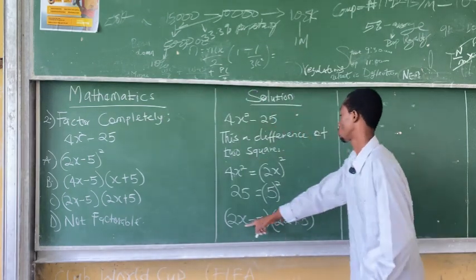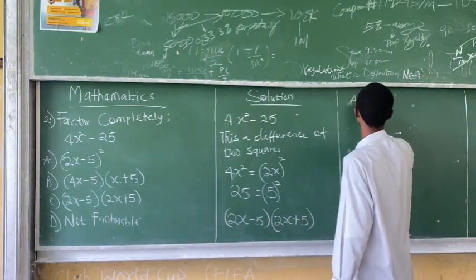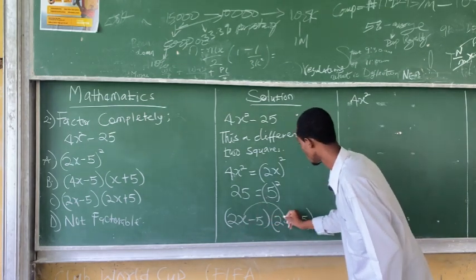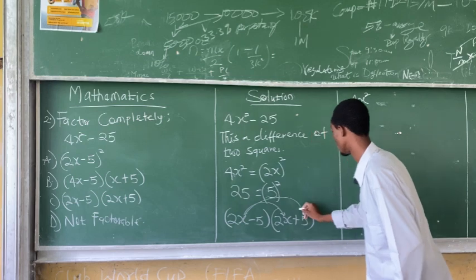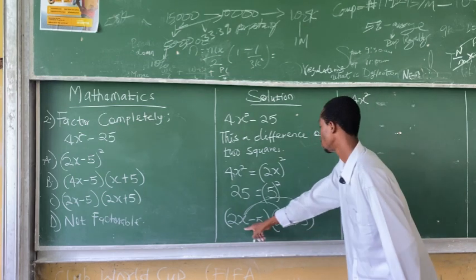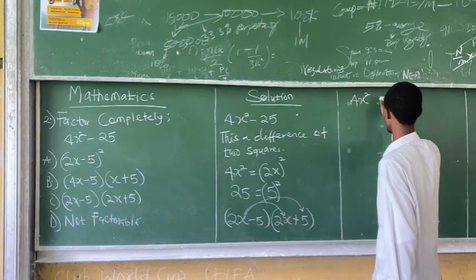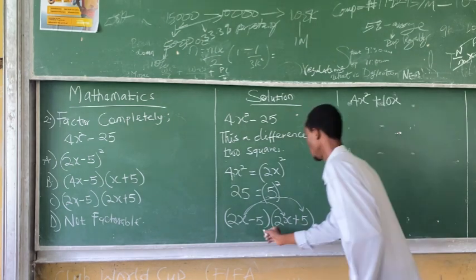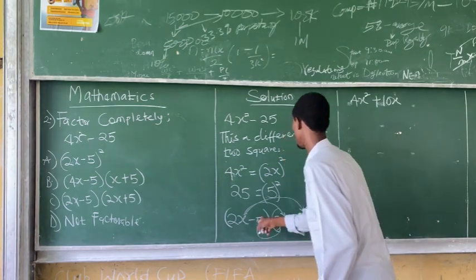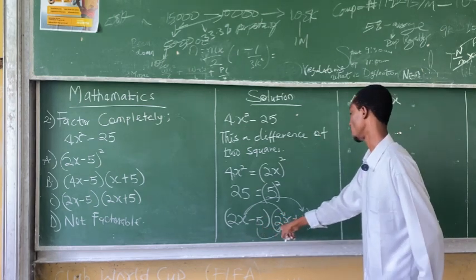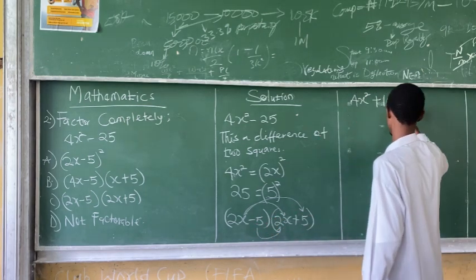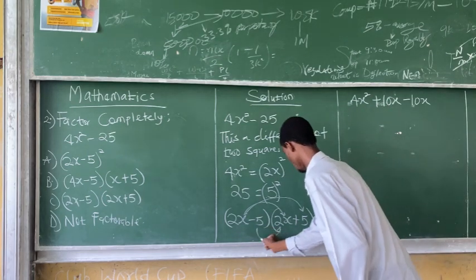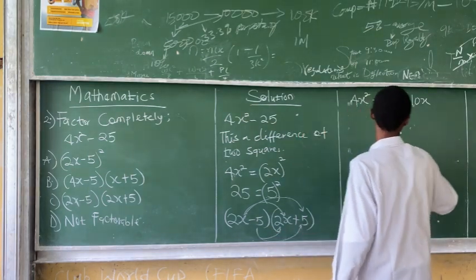2x times 2x, you have what? 4x squared. Which is this times this. If this multiplies the second term, which is 5, 2x times 5, you have what? Plus 10x. If this multiplies this, you have 2x times minus 5. You have what? Minus 10x. And if minus 5 multiplies plus 5, you have what?